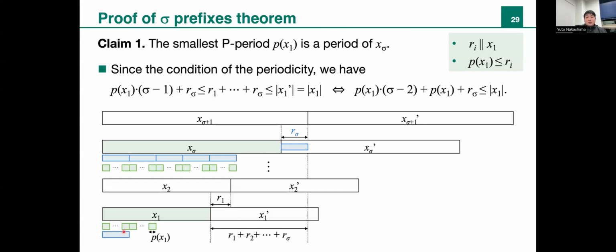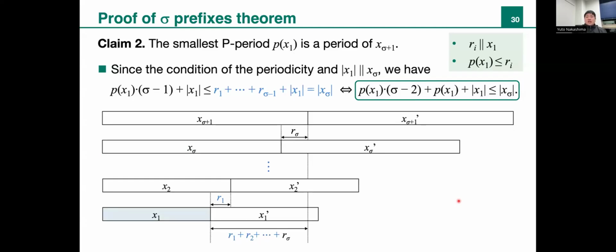So this implies that the smallest period P of x1 can be extended to x sigma, like this. So x sigma also has P as a parameterized period. So P, the smallest period of x1, is also a period of x sigma. So this is the first claim.